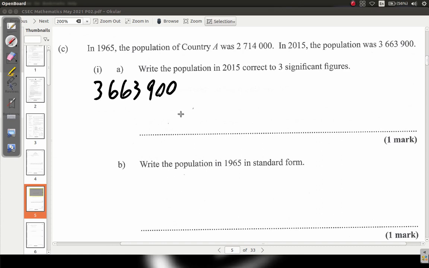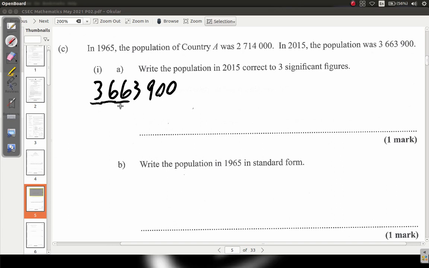Alright? So if they put some 0 over here, it would make no sense. They wouldn't be significant. You could just rub them out, because they are only a place holder. The first digit where you see significant is the 3. First significant figure. Second significant figure is the 6 here, and then the third significant figure is the 6.